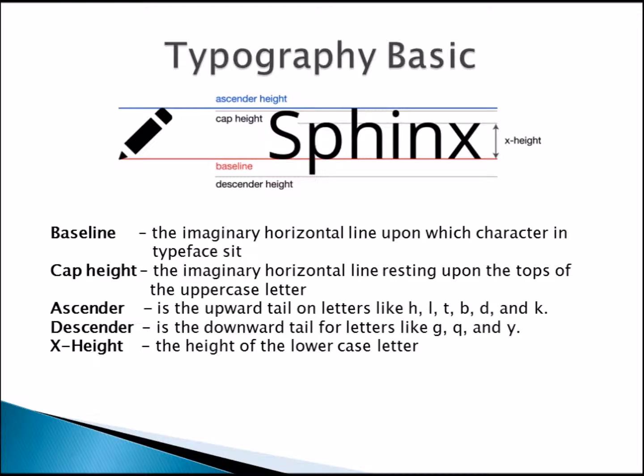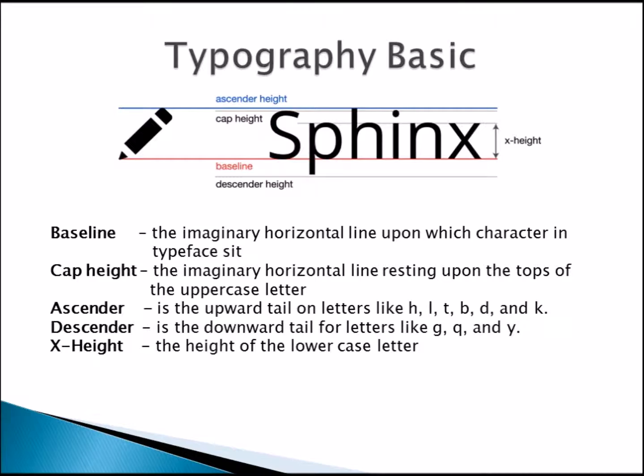Now that you know what typography is, let's go to the basics of typography. The baseline is the imaginary horizontal line upon which characters of a typeface sit. Cap height is the imaginary horizontal line resting upon the tops of the uppercase letters.